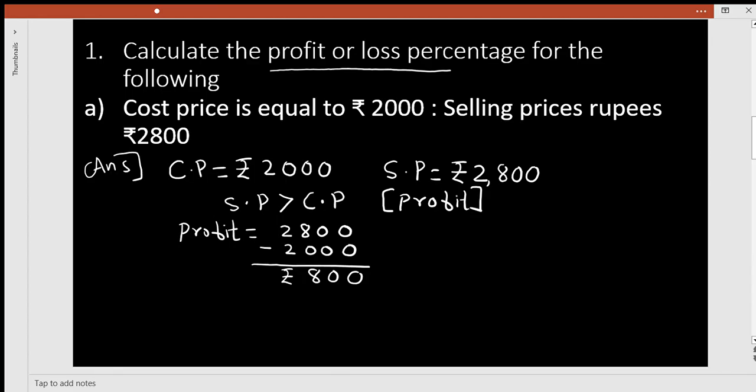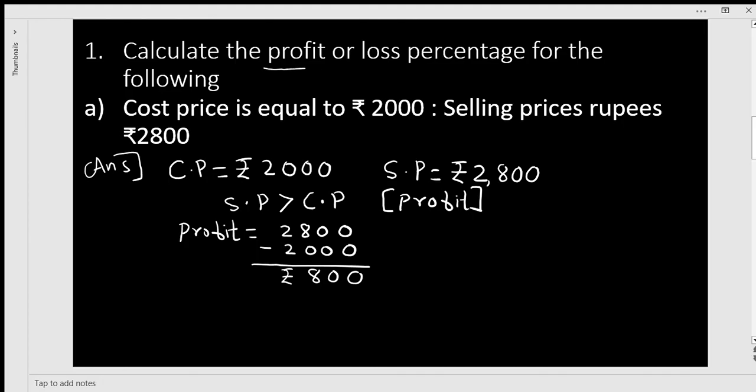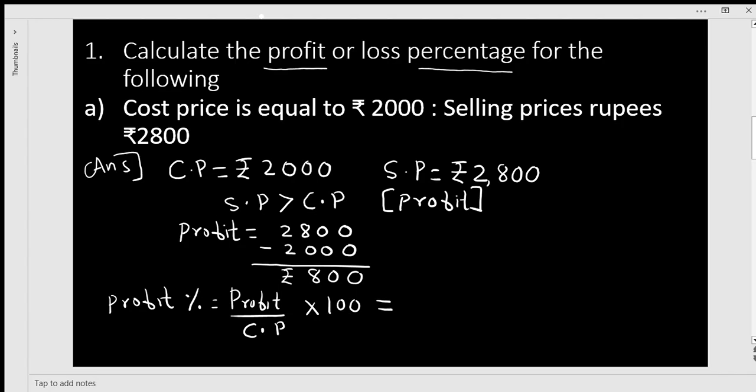So here calculate the profit or loss percentage. So we have discovered that this is an example of what? Profit. So we will find profit percentage. So what is the formula for profit percentage? Profit percent is equal to profit upon CP into 100. So let us substitute the values.